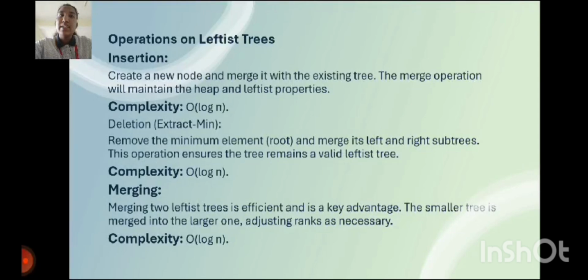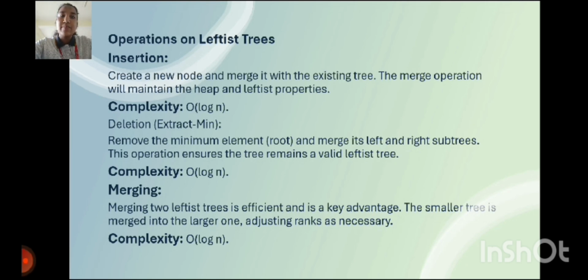Deletion. Extract min. Remove the minimum element, the root, and merge its left and right trees. This operation ensures the tree remains a valid leftist tree. Complexity O of log n.